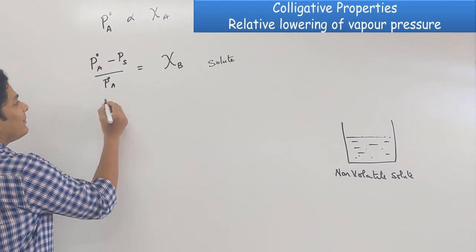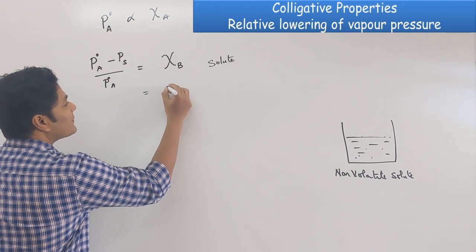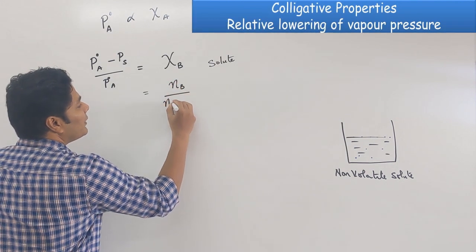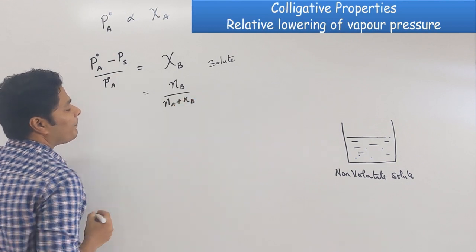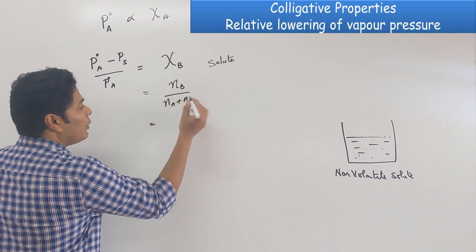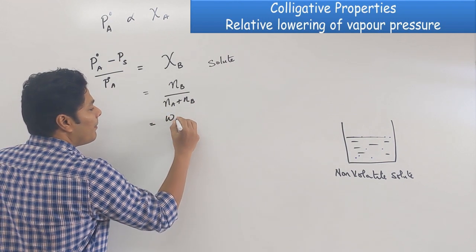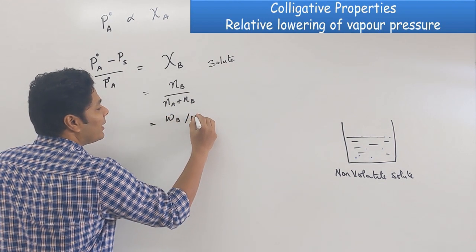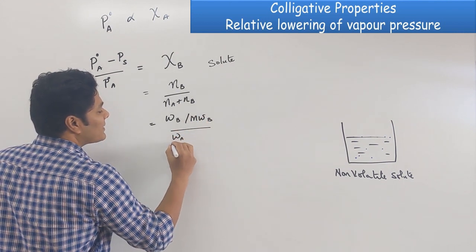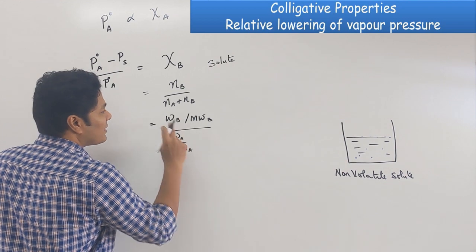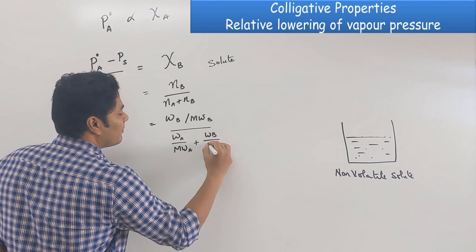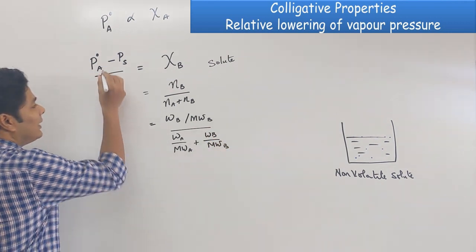Now this can come mathematically. I can write my chi of B as moles of B divided by moles of A plus moles of B. Now I can further expand this: moles of B is mass of B divided by molecular mass of B, divided by mass of A over molecular mass of A plus mass of B over molecular mass of B, that equals this.